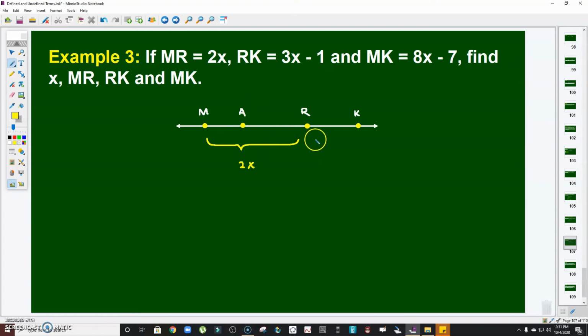RK is 3x minus 1, while MK is 8x minus 7. So again, we're looking for x and the lengths of segments MR, RK, and MK.